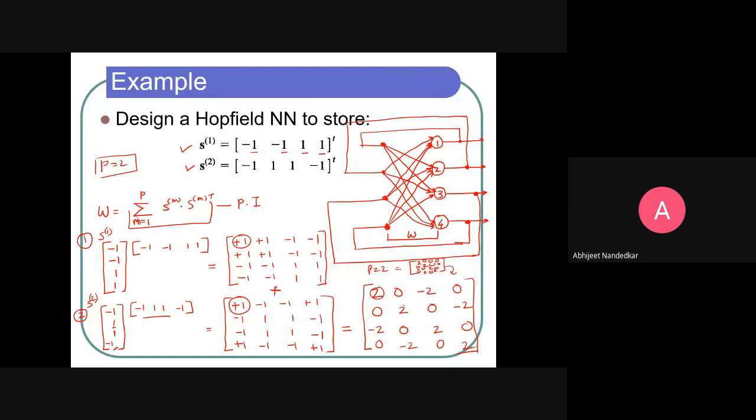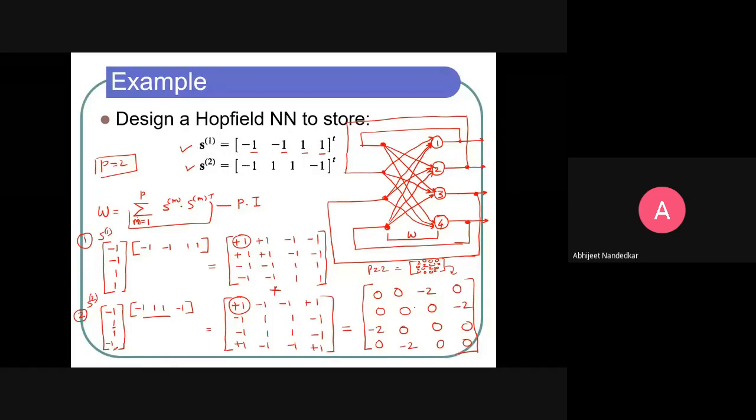These diagonal elements get replaced by 0. Okay, so finally the W that will be zero, 0, 0, 0. So what was the number here? I think it was 0. Just verify this.